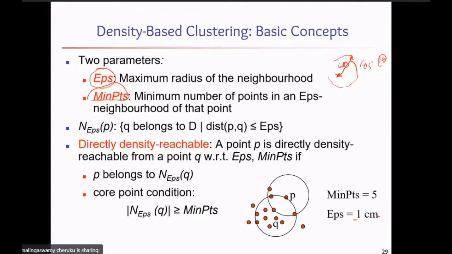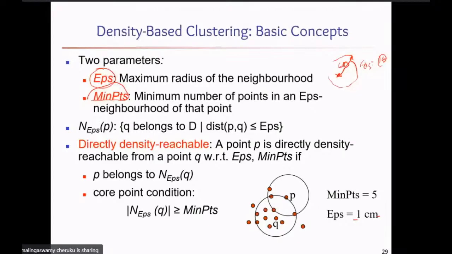But in the case where it's not directly density reachable, if this is Q and P is somewhere far away, there is a chain of points like P1, P2, P3 and P4. P1, P2, P3 should be core points.